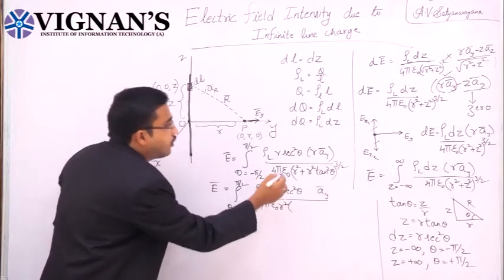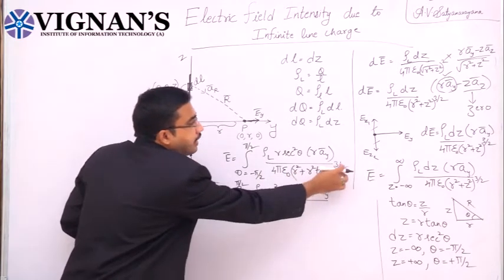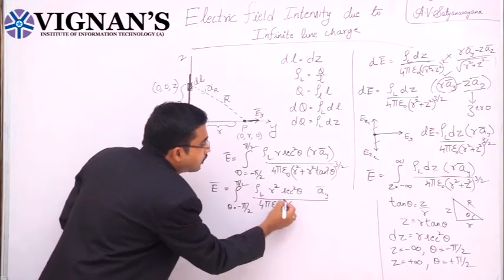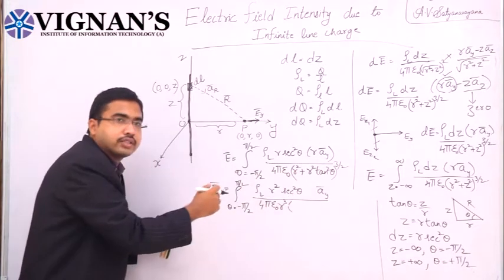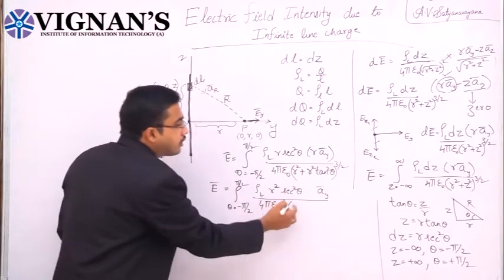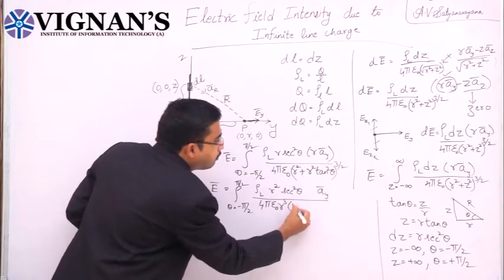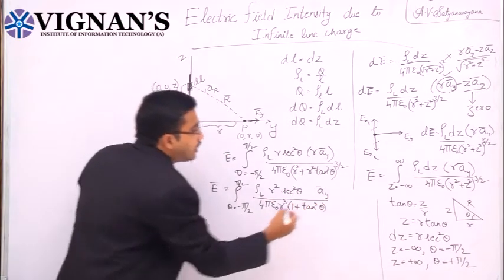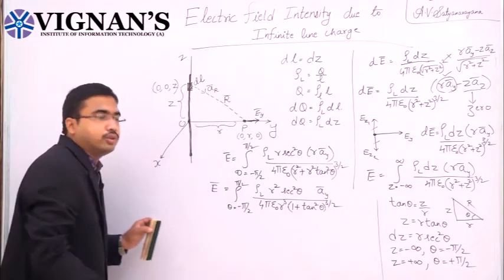If I take r square common, r square whole power 3 by 2 means the 2 will be cancelled and you will get r cube, 1 plus tan square theta whole power 3 by 2.